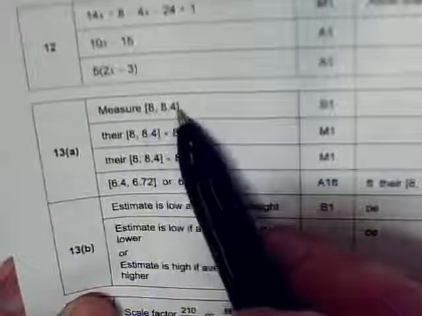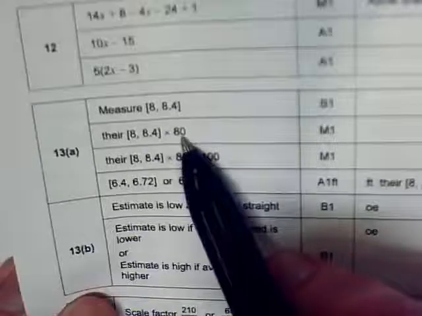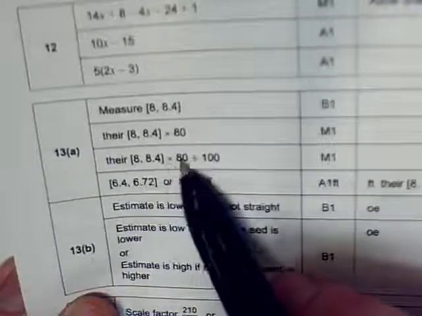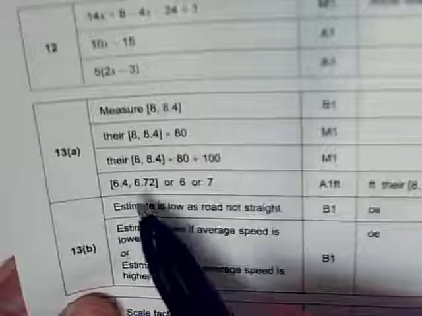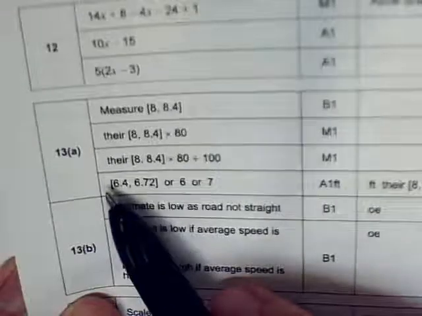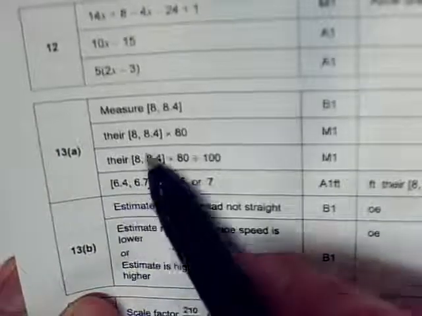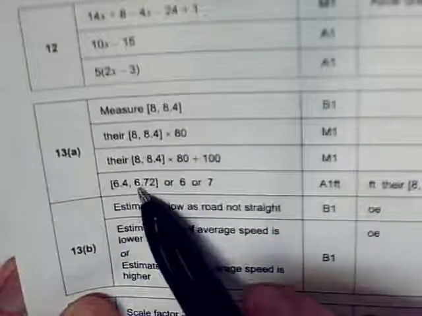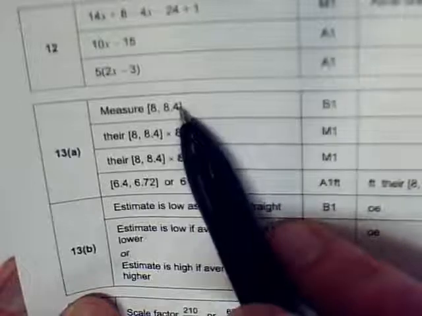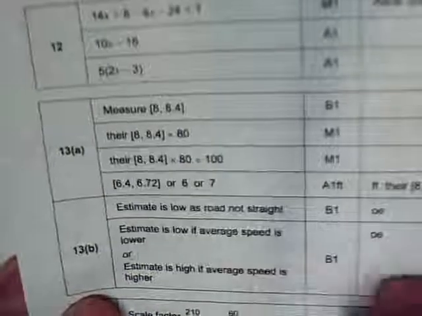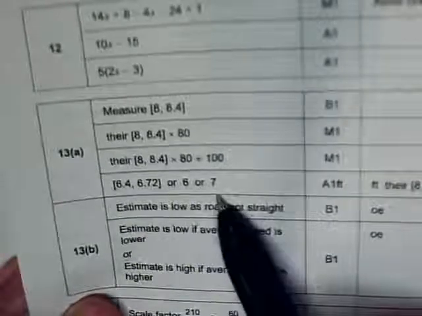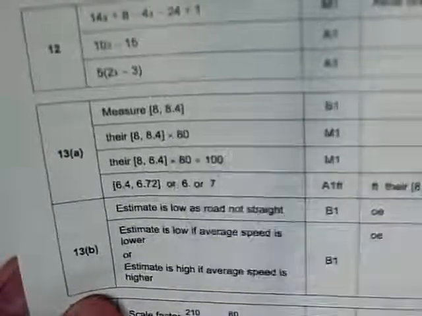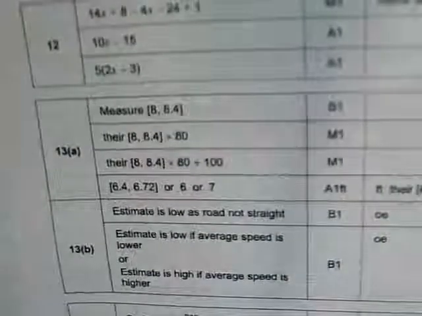Whatever your value is between 8 and 8.4, you need to times it by 80. You then need to divide it by 100, just like we've done. And therefore, the final answer has to be between 6.4 if you use the 8 and 6.72 if you use the 8.4. They would also accept you rounding down or up, providing that you've got all the other parts correct.